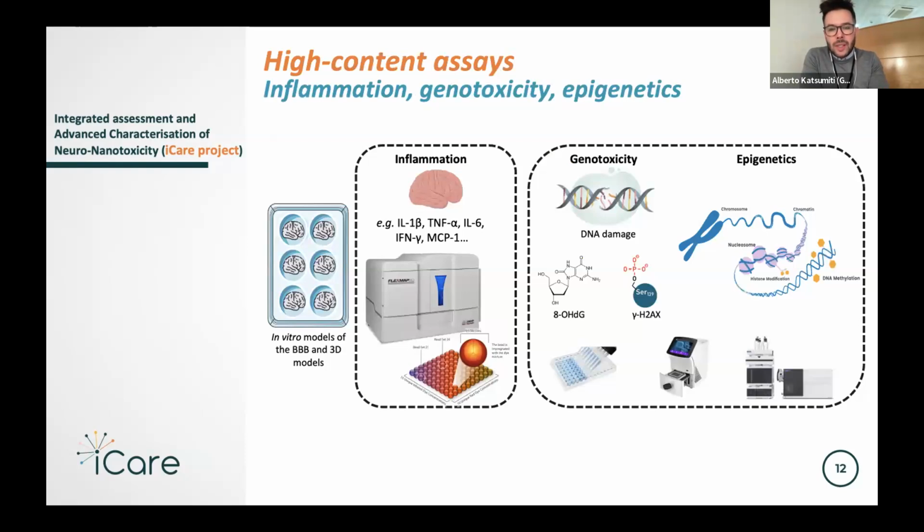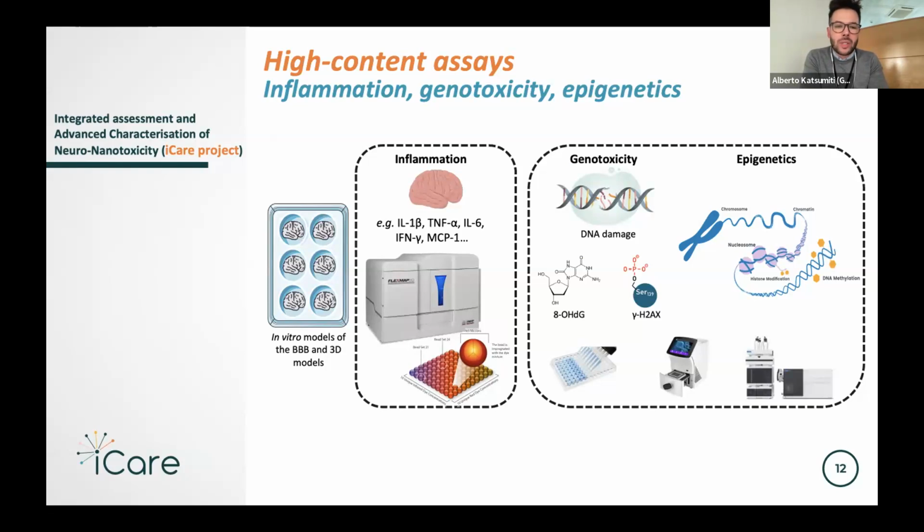So in the project, as I mentioned before, we are also working on developments of different assays. So we especially focus on high content assays and assays that we can measure in real time. So here in these next slides, I'm basically showing some of the approaches that we have. As examples of the high content assays, we are especially interested in inflammation, genotoxicity, and also epigenetics.